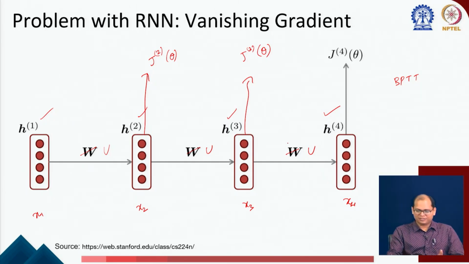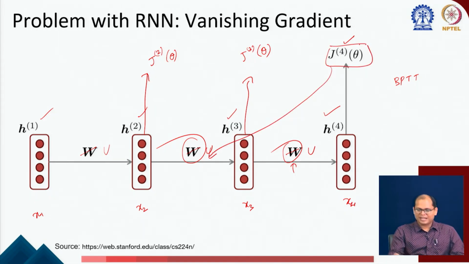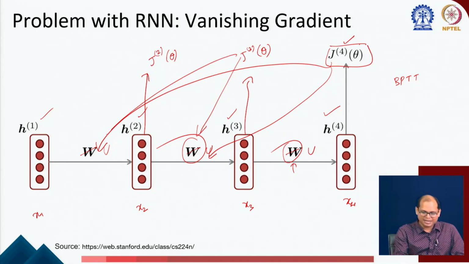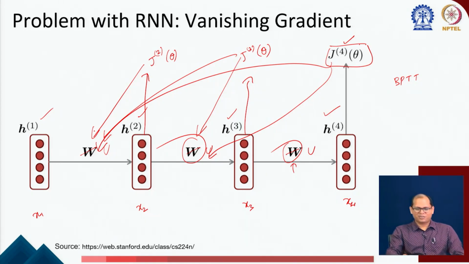So this matrix, call it W or U, will be updated based on the loss at this point, but this parameter also contributed to the next steps. So based on this loss you also have to update this W, and this W, and the same thing for all the losses. Based on J3, you have to update this W and this W. J2 will only update this W, because the others are not contributing to J2. This is only left to right.